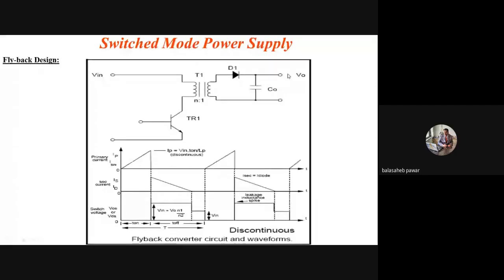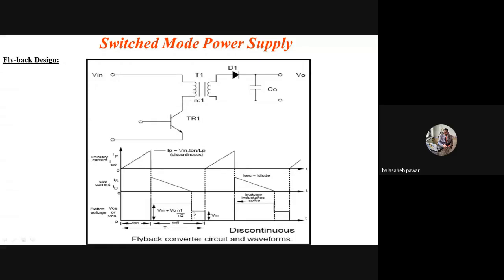So when that energy is dissipated completely from the primary of that high frequency transformer through the secondary, through the diode to the load, then we can say the secondary current becomes zero, and whenever the secondary current becomes zero, the voltage stored by the primary is 0 volts, and hence the voltage measured at the collector is only V in.